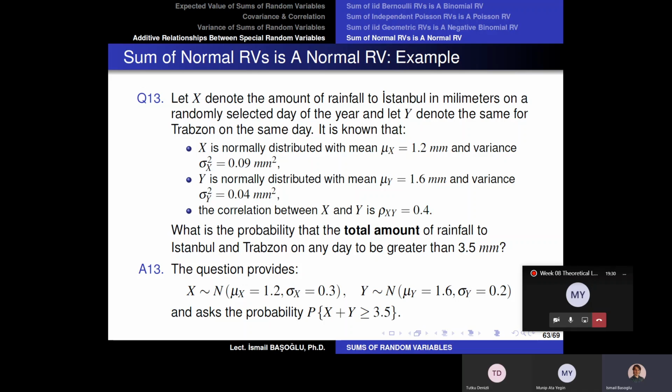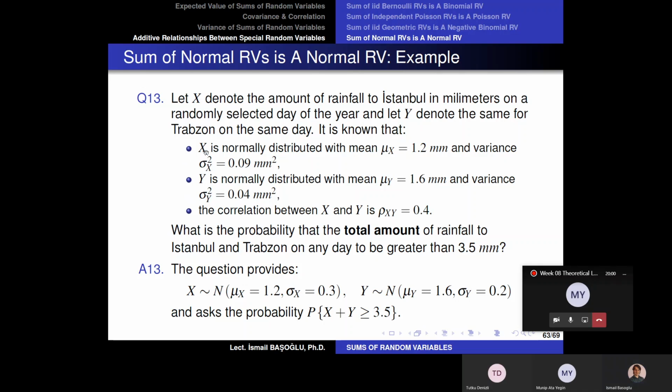And therefore, if you observe rain in Istanbul, it is most probable that you also observe rain in Trabzon as well. Or, for example, if it is not raining today in Trabzon, then most probably you will not observe any rain in Istanbul as well. Okay, so it is possible that we may have a certain correlation between the rain amounts in these 2 cities.